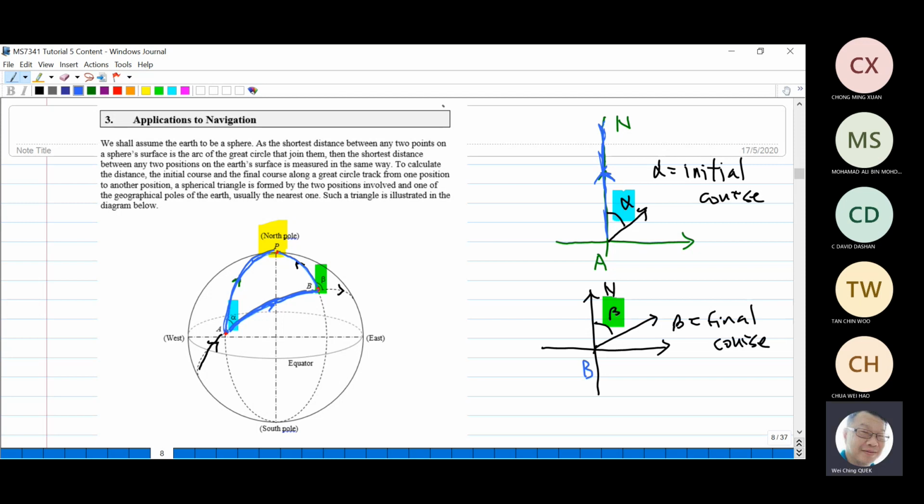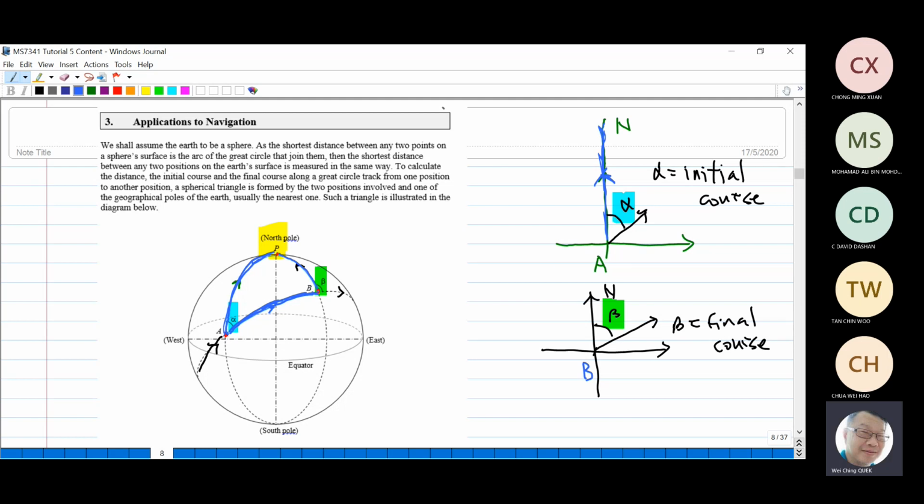Okay, now at the point B, you can join the point B to the North Pole again. And along the track, right?